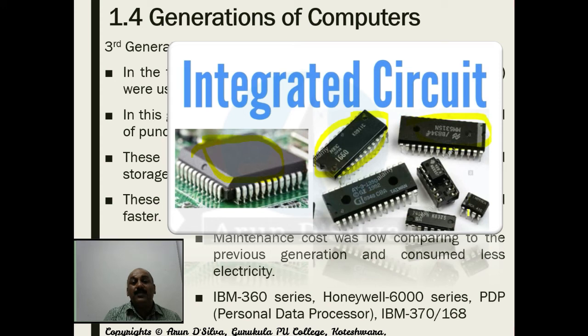So there are different types of ICs, according to the component and the circuit, and the plastic material is enclosed around the circuit inside. Today many of your electronic components, your mobile, your TV or your fridge, when they say the IC is gone, we have to replace the IC. That means the integrated circuit. It is used for storing purposes and also for processing purposes. We make use of these ICs.